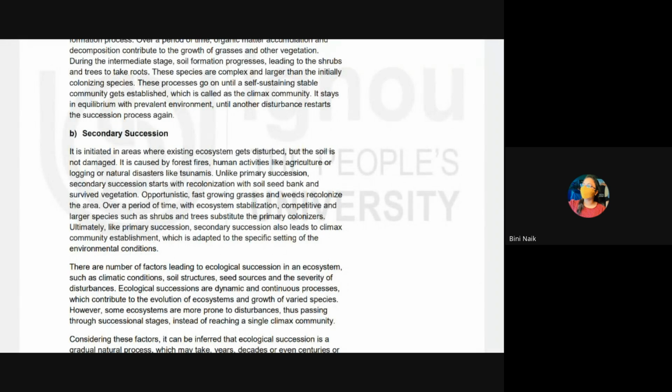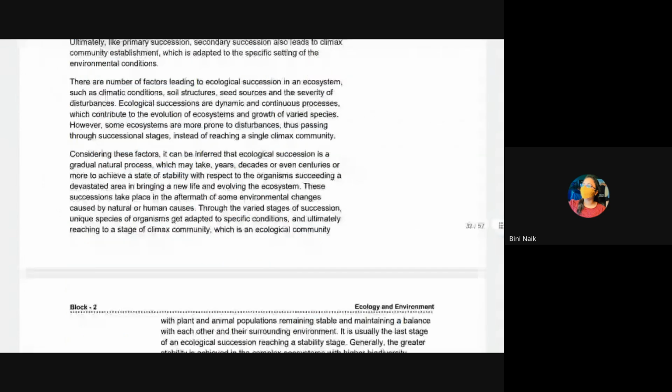If a tsunami occurs, it may not destroy the whole soil. So the primary succession takes a plenty period of time, while the secondary succession may take a few years. The same thing will occur. I have given you the example of the tsunami, so that can be considered as the secondary ecological succession.